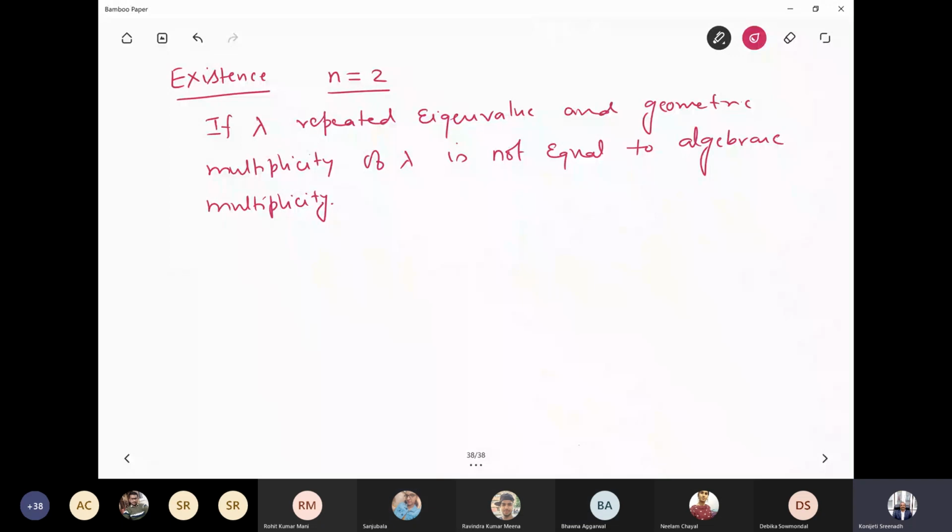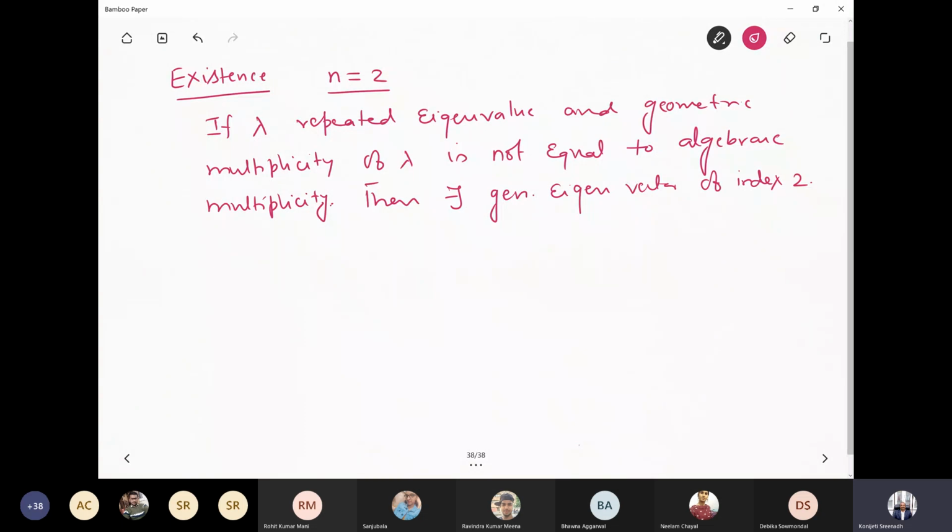Okay. So if lambda is a repeated eigenvalue and the geometric multiplicity of lambda is not equal to the algebraic multiplicity, that means there is only one eigenvector corresponding to the eigenvalue lambda, then there exists a generalized eigenvector of index 2.